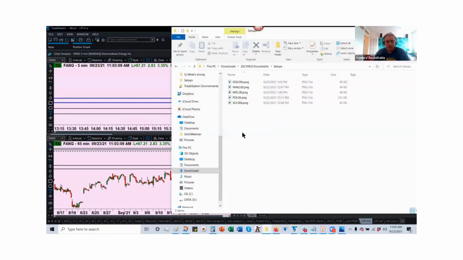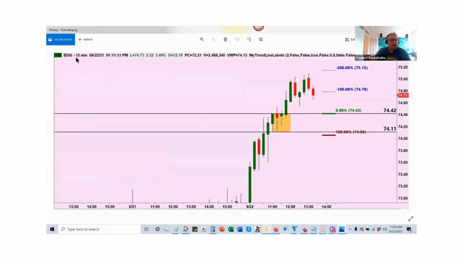So now we go back here. I scanned through about those 25 stocks, okay? And this is just sort of what I came up with. So this is EOG, I don't know what it is, okay? But what I did was I ultimately identified 5 stocks that seem to offer good demand zones.